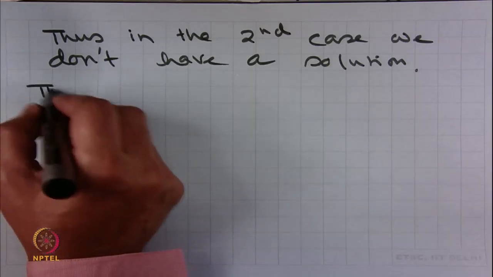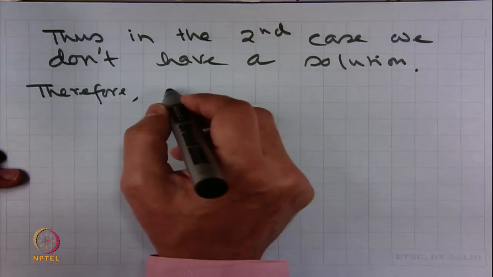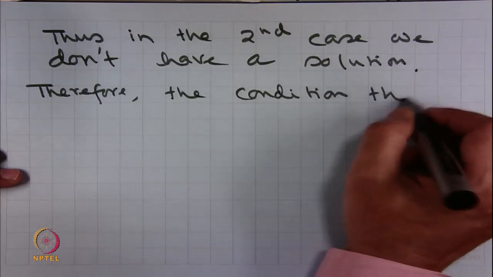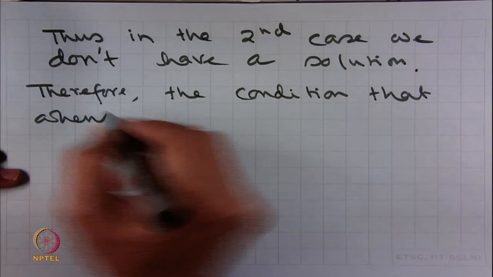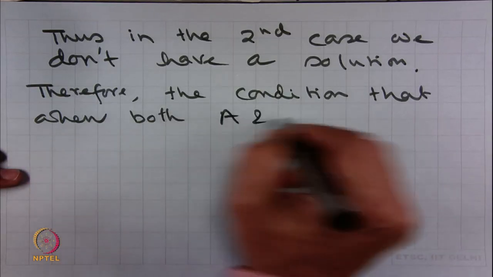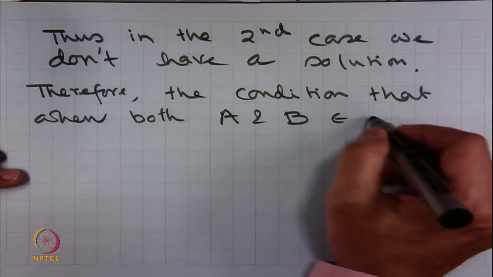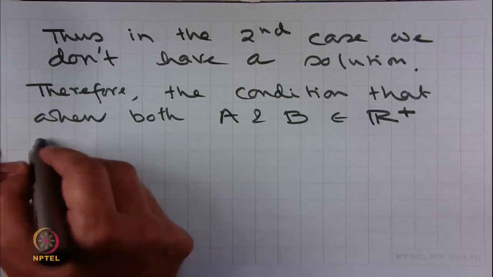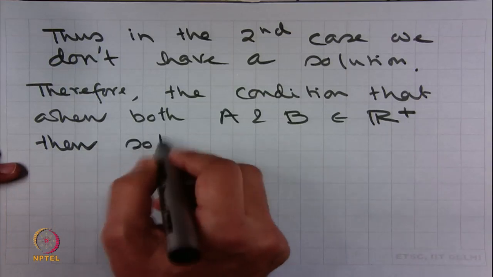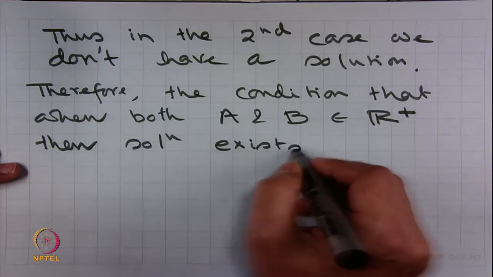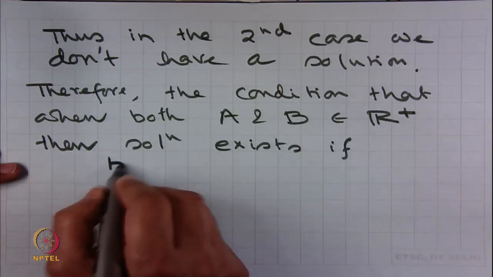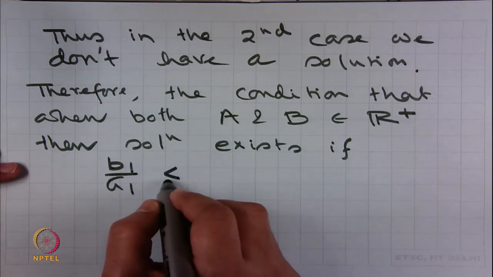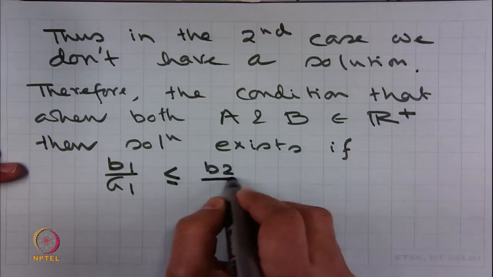Therefore, the condition is that when both A and B belong to R plus, that means positive reals, then a solution exists if B1 upon A1 is less than or equal to B2 upon A2.